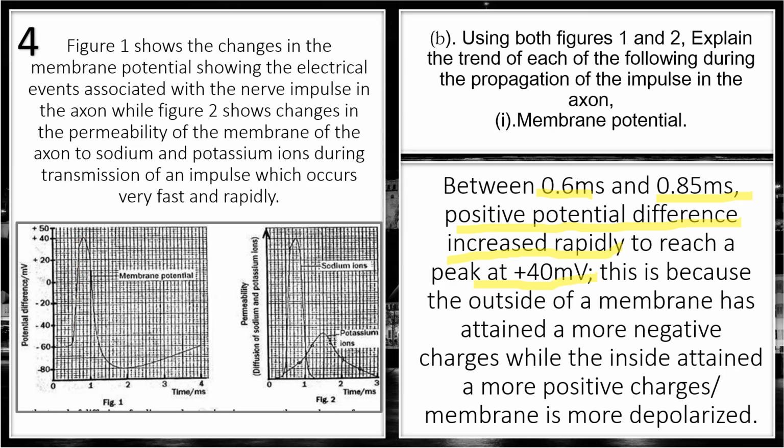That is from 0.6 millisecond here, it attained a plus 40 millivolts. This is because the outside of the membrane has attained a more negative charge, while the inside has attained more positive charges. The membrane is now more depolarized.